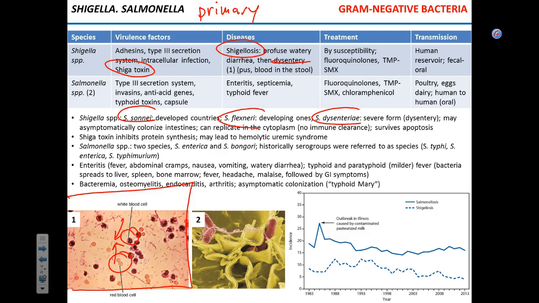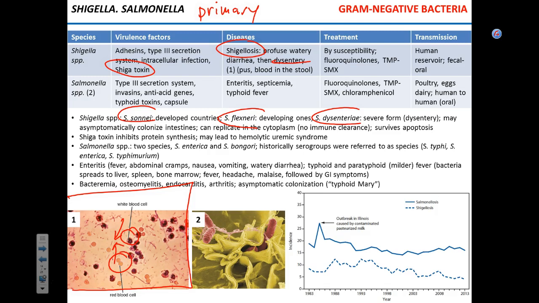Shiga toxin was initially discovered in Shigella. Then at some point of coevolution, E. coli acquired the genes for the toxin from Shigella and came pretty close in terms of pathogenesis to Shigella itself.